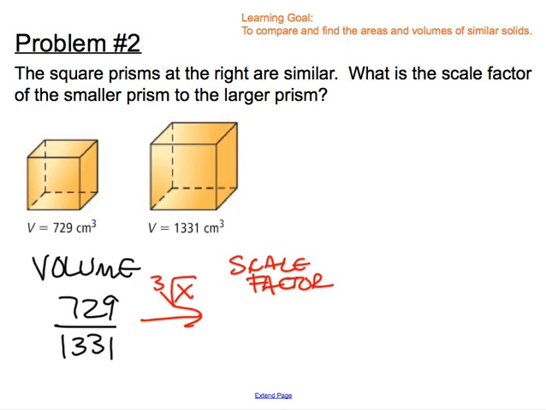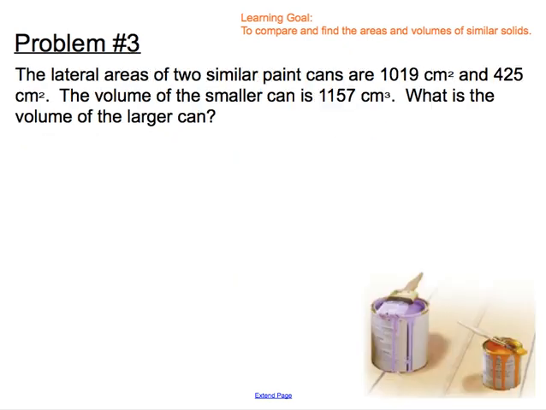And again, if I follow the instructions for taking cube roots, I can find that that number is in fact 9. Taking the cube root of 1,331, the answer is 11. So check one last time, make sure that this fraction is reduced as much as possible. And the scale factor is in fact 9 to 11.